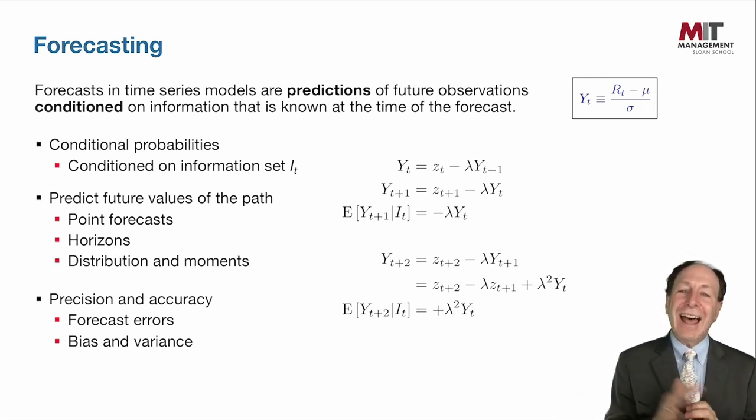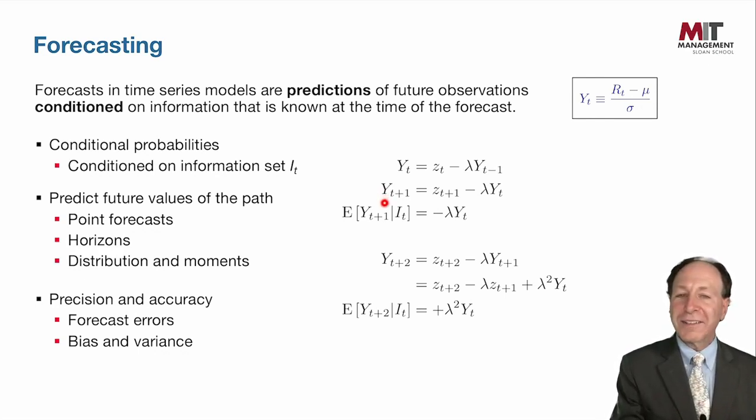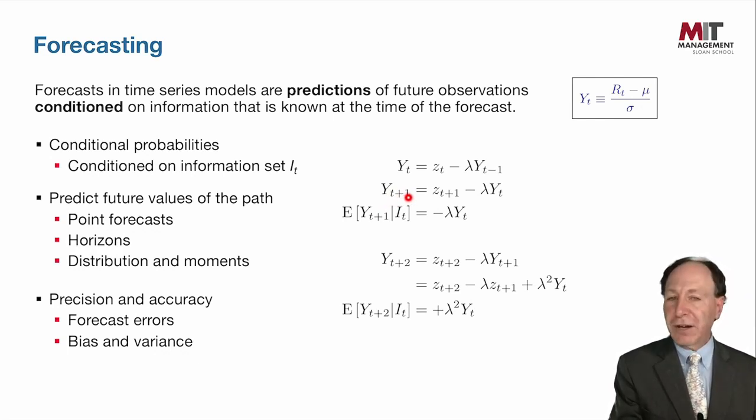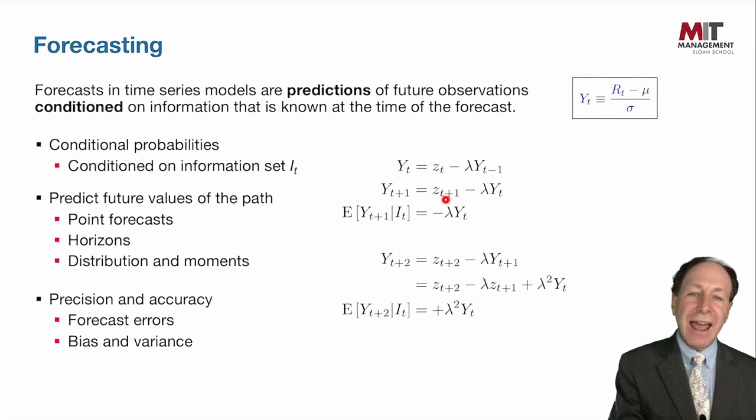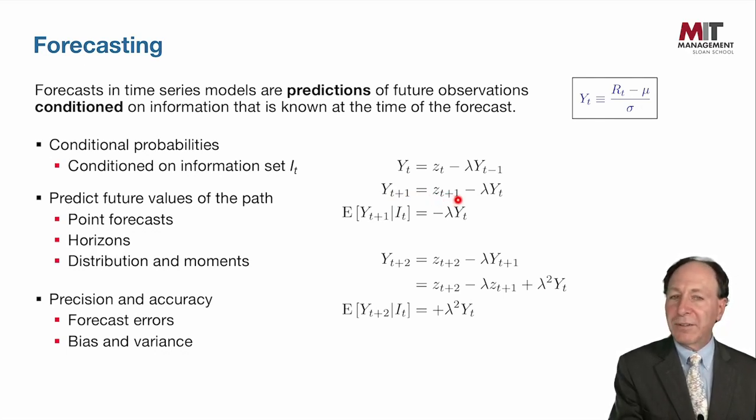So let's just add 1 to t and write it in this way, which is a little bit more suggestive. Let's say that y_{t+1}, the next observation we're going to have, is the next realization of the random variable z minus lambda times the last known observation, y sub t.